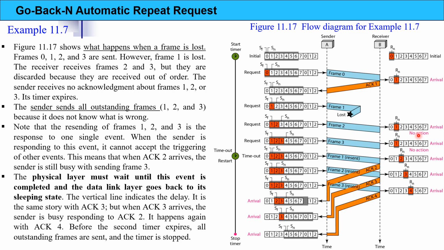So the sender is busy now. After receiving the acknowledgement, it will wait until I finish retransmitting. So the physical layer is busy with retransmission of 1, 2, 3. So any acknowledgement received in this time will be delayed. Okay.